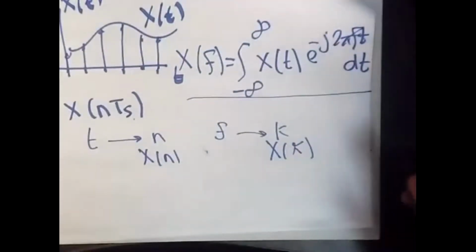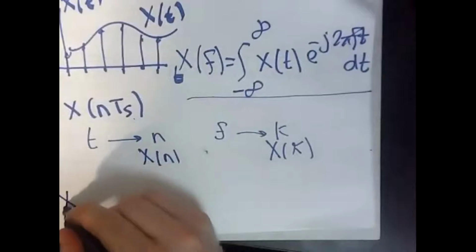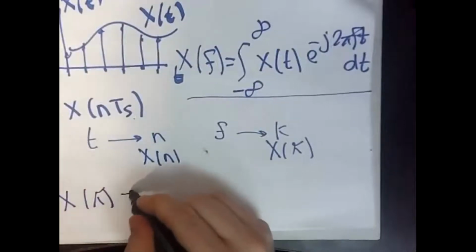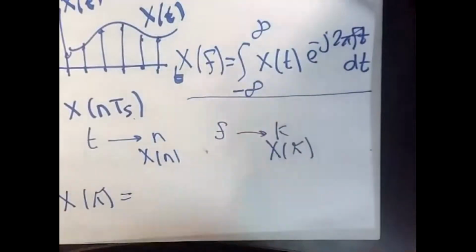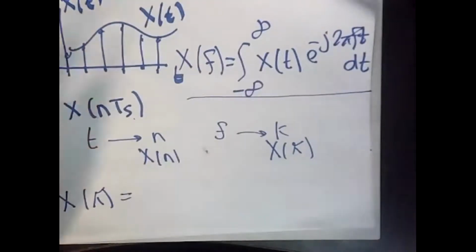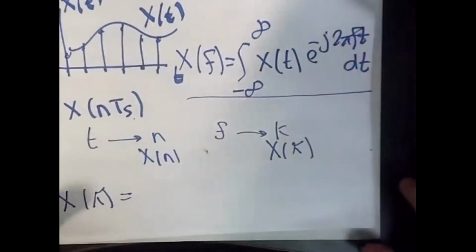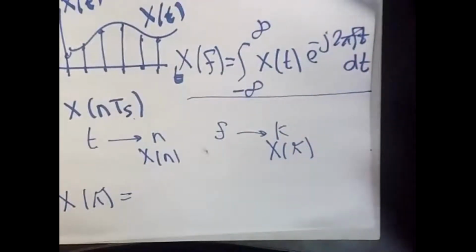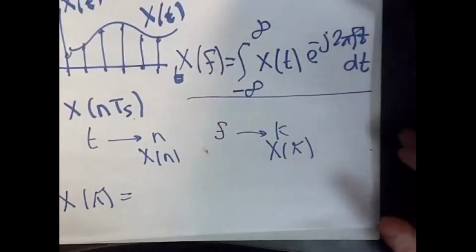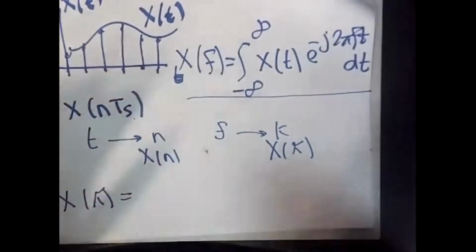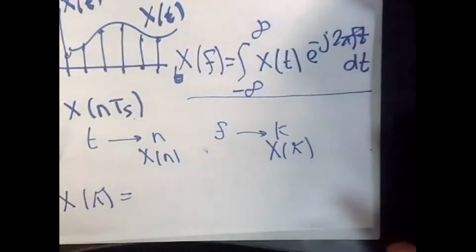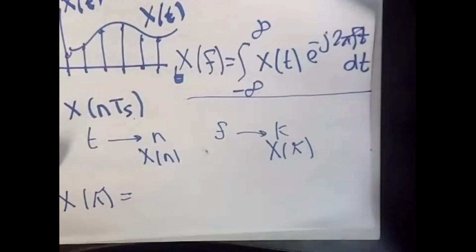Okay, perfect. So x of k is equal to, now it's an integration. The integration is an analog summation process. I believe you know this perfectly from your mathematics module. And the discretized version of the integration is the summation.